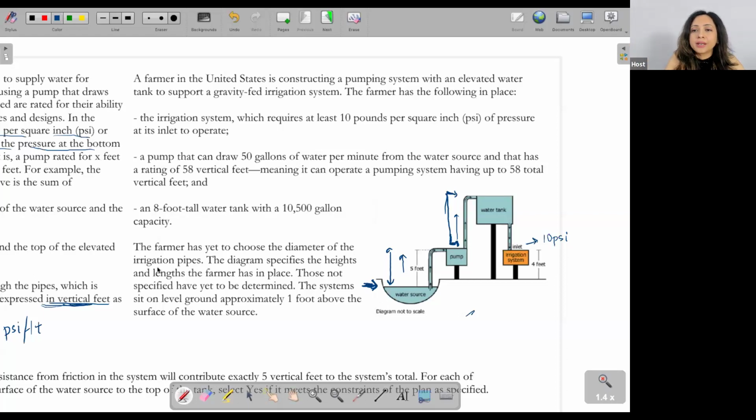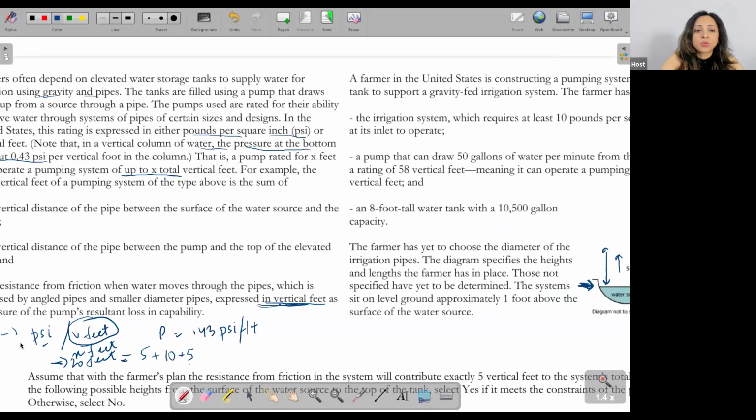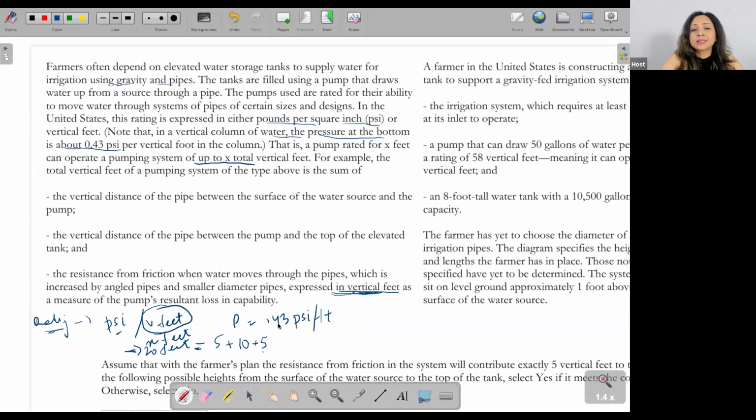So when they say I need 10 PSI, it also means that, in case the water tank is full, this should be equal to 10 upon 0.43. Do you remember from where this 0.43 came? Because we have been given that pressure of 0.43 PSI is equal to 1 vertical foot in the column. We've been given this data over here.